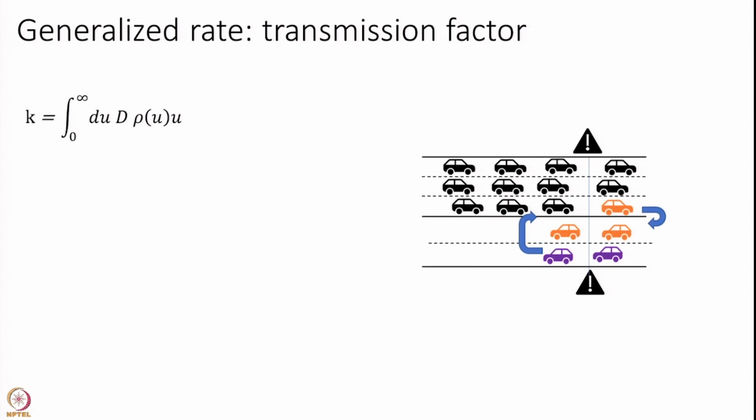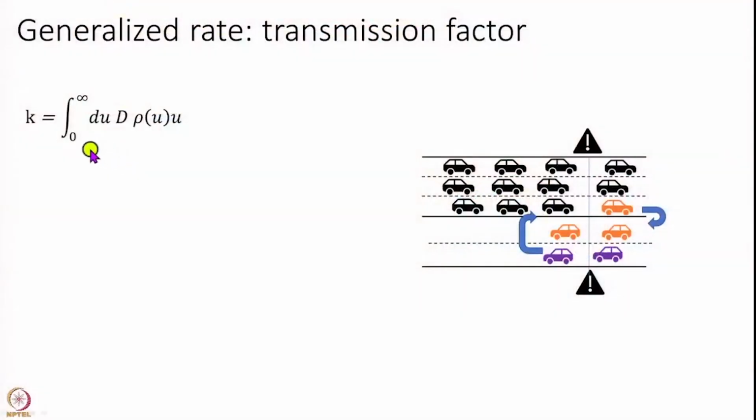First thing I want to do today is to make this formula more general in several aspects. In writing this formula, what I have actually assumed is that I am integrating the speed only from 0 to infinity. So, I am assuming all cars are moving forward in one straight line. That may not be true though.